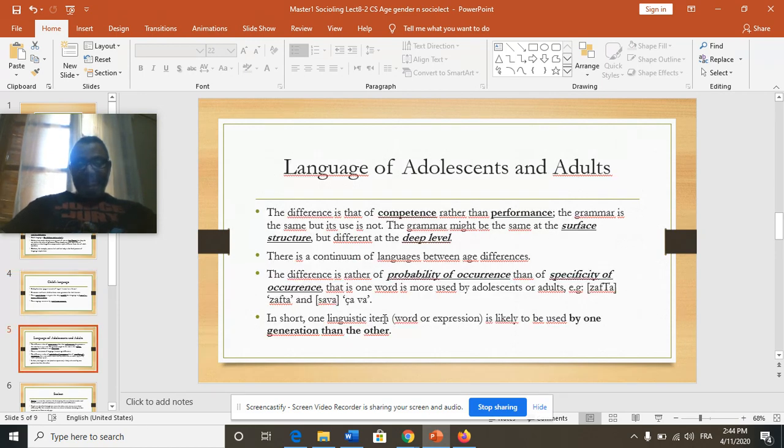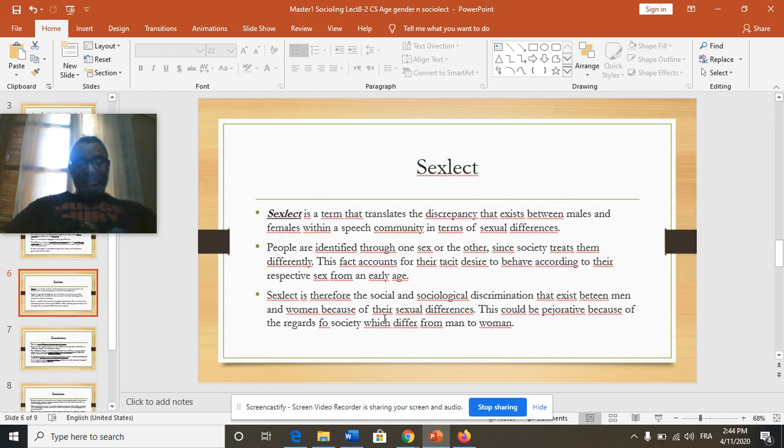And then we have Sexlect, and well, nowadays most people prefer to use Genderlect, with the difference that Sexlect is the language of speakers according to their own sex, or how they were born, male or female. That is, if you are a man, you speak like a man. If you are a woman, you speak like a woman, and so on and so forth.